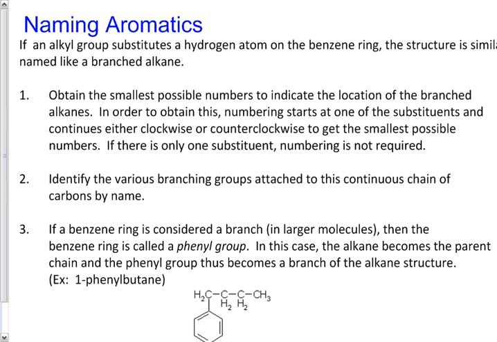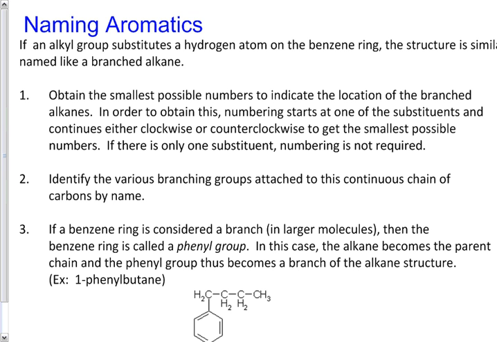So first of all, you name these very similarly to alkanes and alkenes and alkynes. You want to obtain the smallest possible numbers to locate the branched alkanes or anything that's off of the ring. So you can start at whatever substituent you want, but you want to go clockwise or counterclockwise to get the smallest possible numbers. So you would never have a 1 and a 6. You would have a 1 and a 2. Then you're going to identify the various branching groups, whether they have 2 or 3 carbons or 1 carbon.